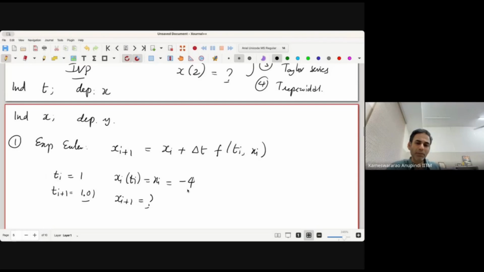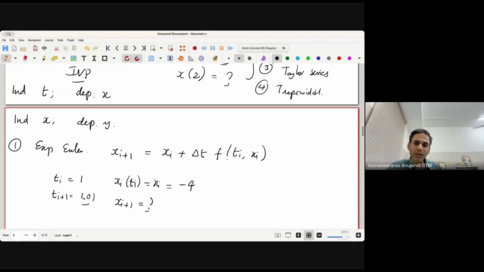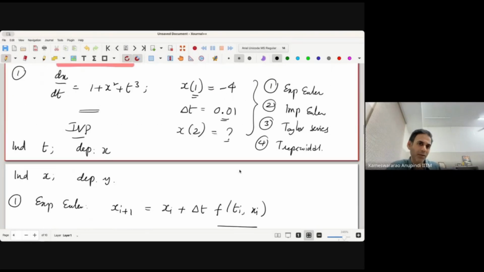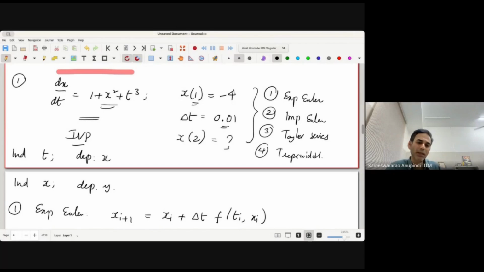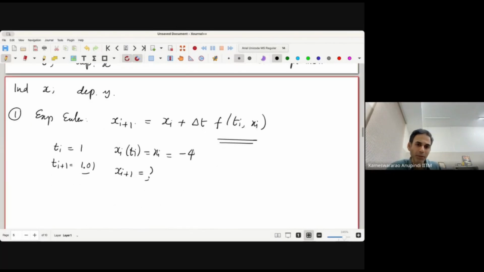Of course, then we have to repeat the process. Here it is easy because f of t_i, x_i is nothing but what is on the right hand side. So I just need to write this as 1 plus x_i square plus t_i cube, and substitute into this formula.